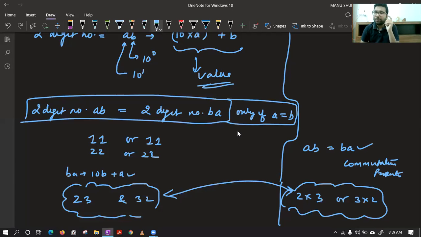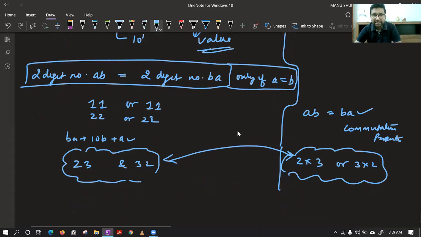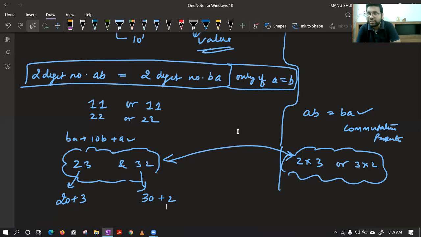No, they are not equal. 2 into 3 is equal to 3 into 2. That is correct. But 23 and 32 are not equal because 23 is actually 20 plus 3 and 32 is actually 30 plus 2. That is the difference. Although the digits are the same, the values are changing.